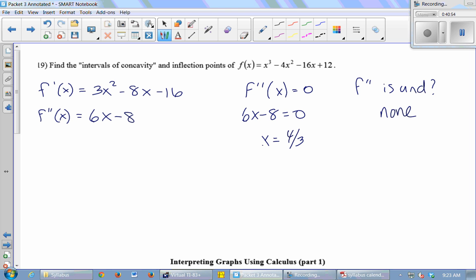All right, so x equals 4/3 is a potential change in concavity. We know f double prime is 0 there. If it actually changes sign from positive to negative, then we have an inflection point. So we should check the sign of f double prime on either side of 4/3.